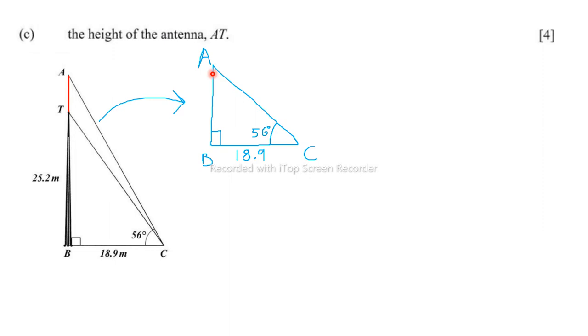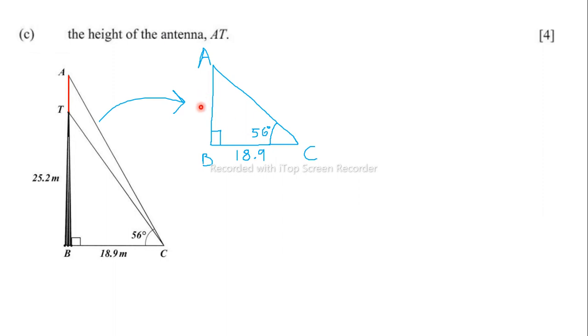That's the thing. We can't even use sine rule. For sine rule you need an angle and a known side, and then an angle and an unknown side.